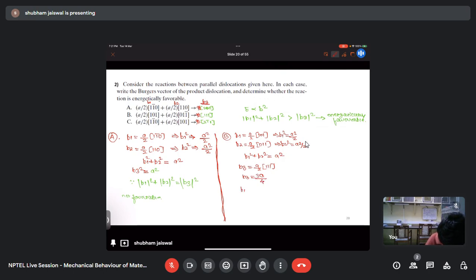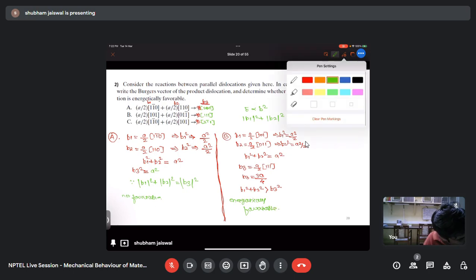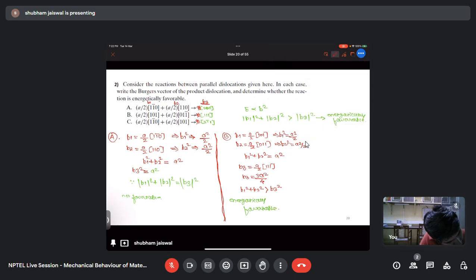Since b1 square plus b2 square is greater than b3 square, it is energetically favorable. So this is energetically favorable.